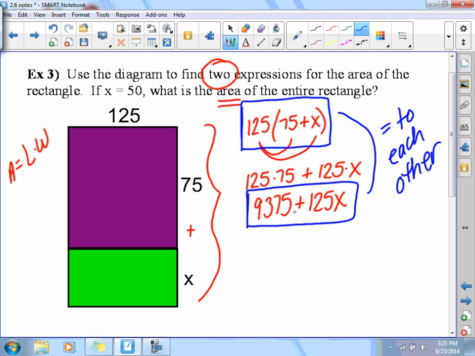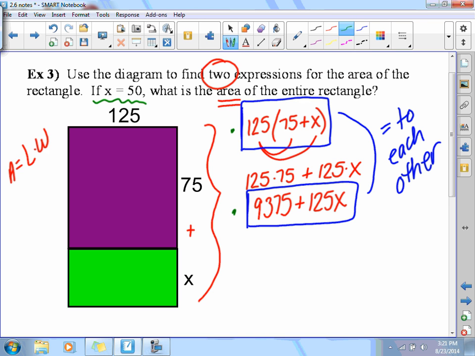Now there's another part to this problem. I'm going to finish that up in green. It says if x is 50, what's the area of the rectangle? So I could use either expression, either the first one or the second one, and substitute that value in for the x and simplify.